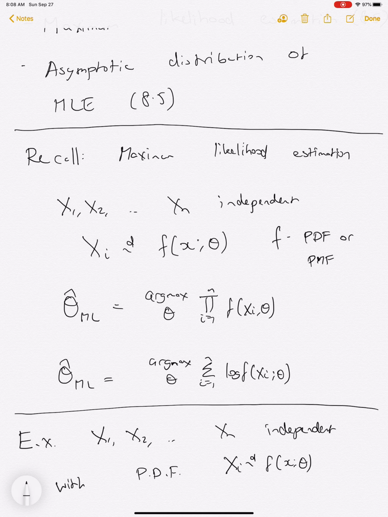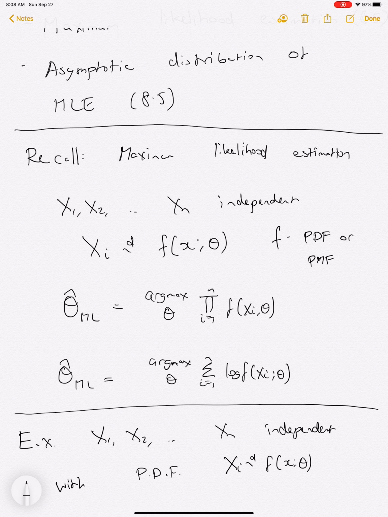A useful thing to do that we saw in numerous examples in the previous lecture is to take logs, because the log of the product is the sum of the logs. The argmax isn't going to change once you take logs. And we're going to see today that the sum of the logs is a very useful thing to think about when we're talking about maximum likelihood estimation.